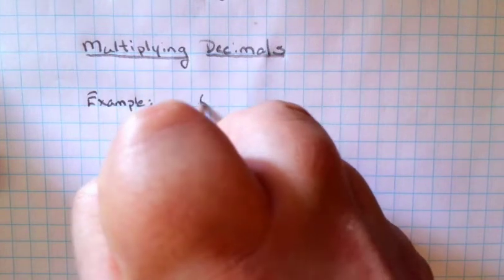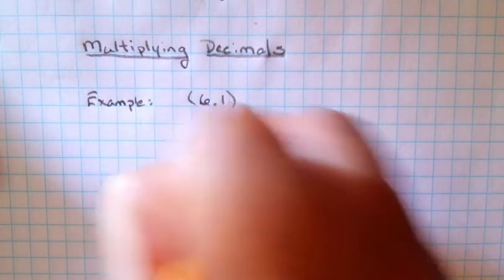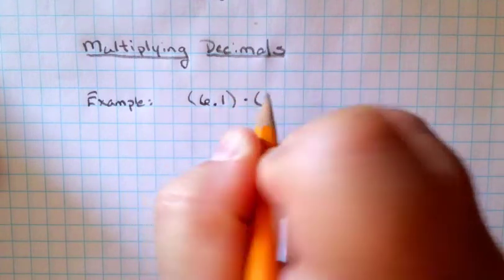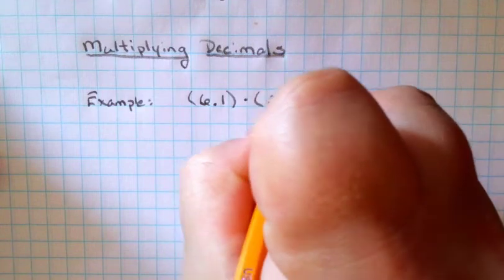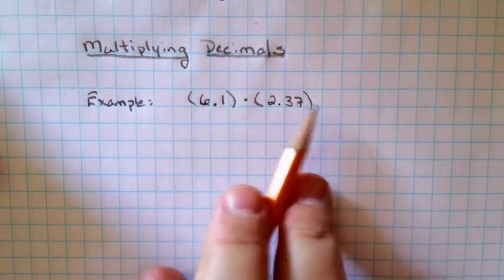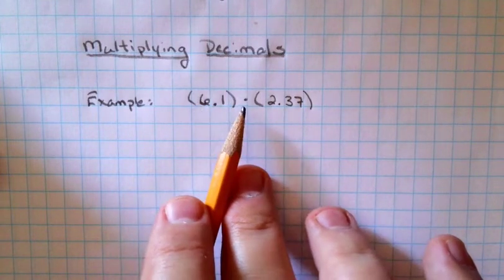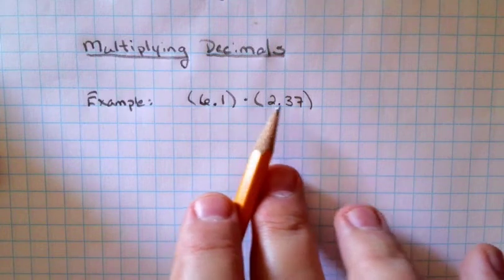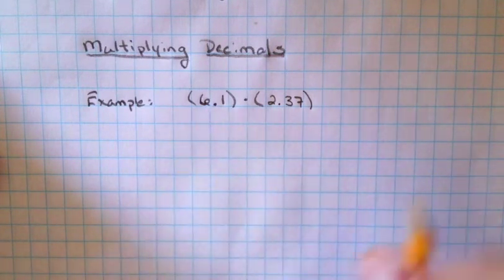Let's say we've got 6.1, and we want to multiply that by 2.37. I just made those two numbers up, but if I've got about 6, and I'm multiplying it by something that is not quite 2.5, I should get more than 12, right?